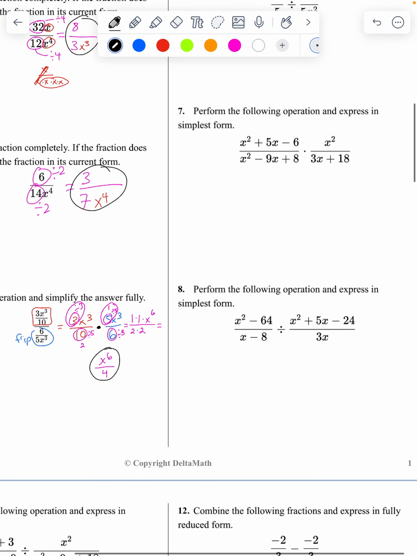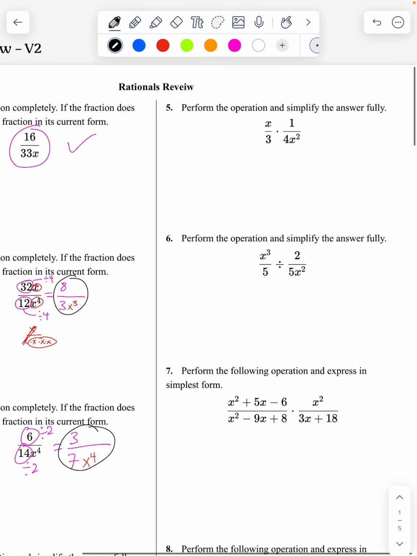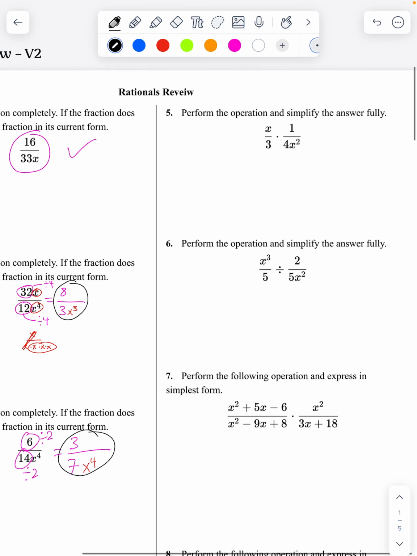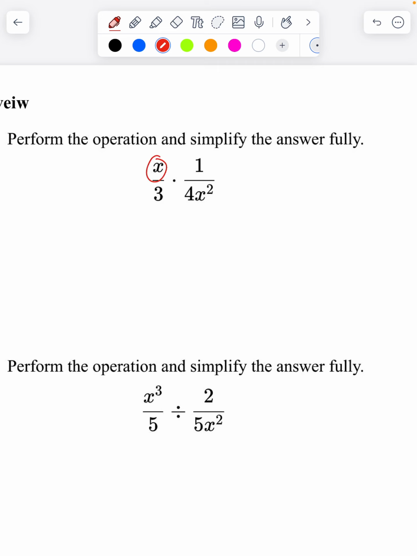All right, so now I'm going to jump up here to number 5, and it says simplify this answer fully. So I'm going to try to look for things that'll cancel on the top and bottom. So there's 1x here. And then down here, I can really think of x squared. I'm just going to rewrite that as x times x.